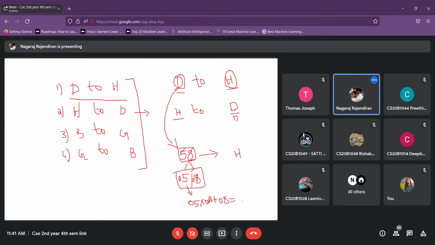You will get a hexadecimal number, which is 3A. So this is a procedure of converting a decimal number to hexadecimal number.